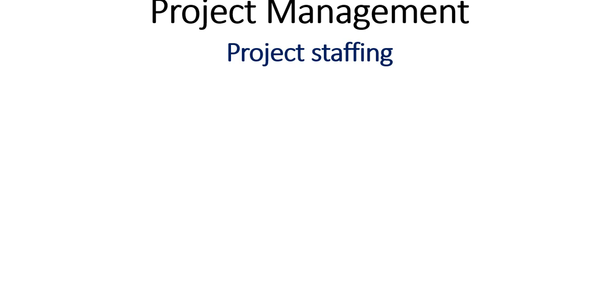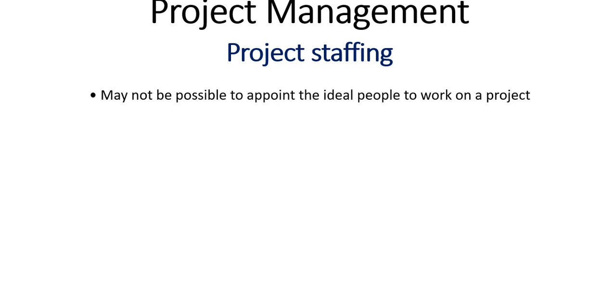Now, talking about project staffing, it may not be possible to appoint the ideal people to work on a project. Normally, this is a human resource challenge, because human resource managers just request for the CVs and try to apply the techniques they have learned about human resource management.